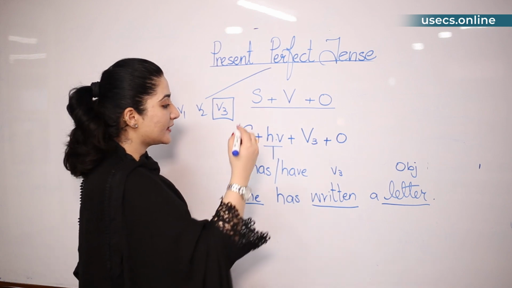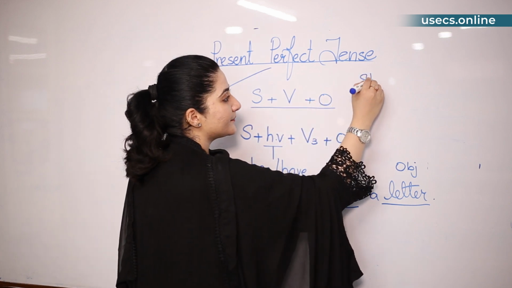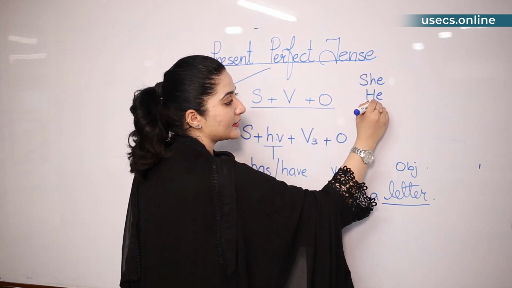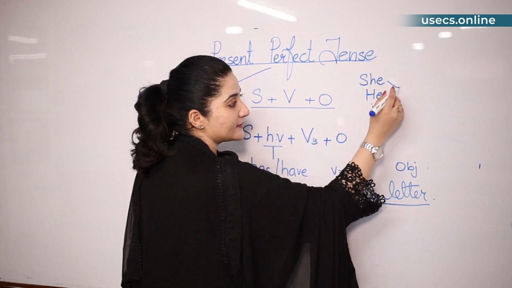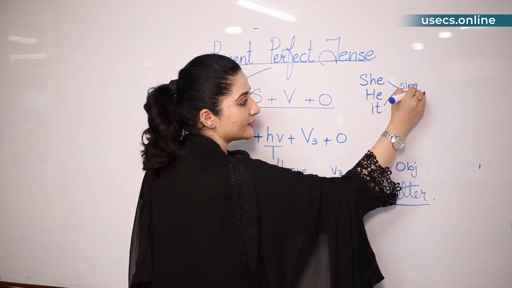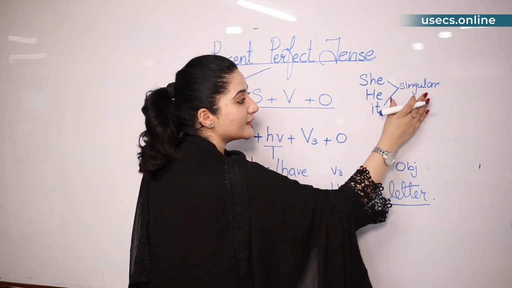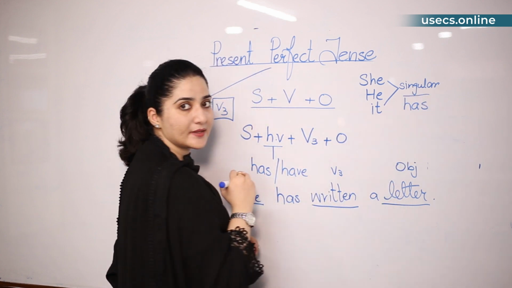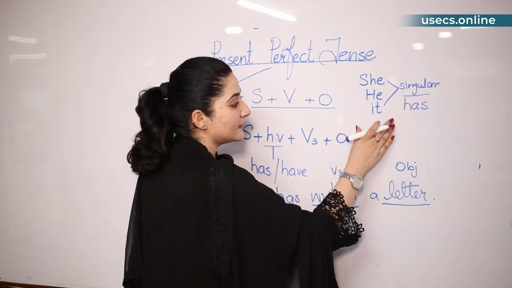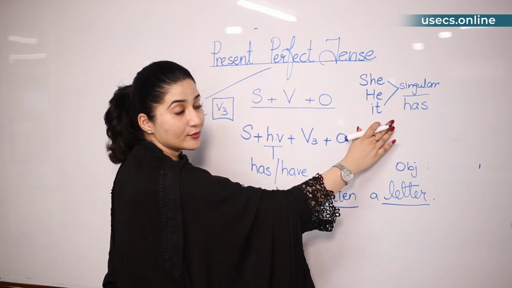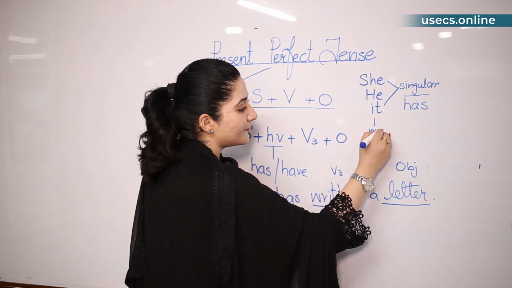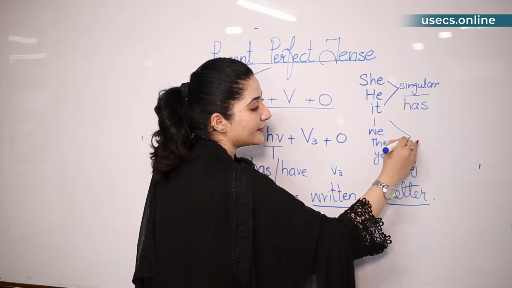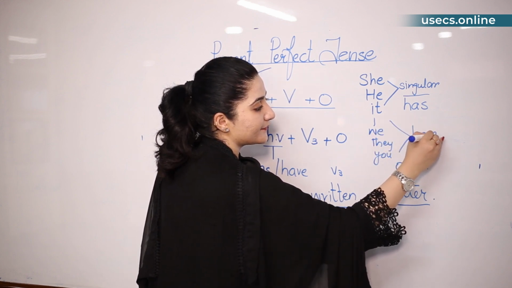So let's take a look at that. If we talk about he, she and it, these are considered as third person singular. And with all the singular pronouns, we always use has. And with the remaining pronouns like I, we, they and you, we always use have.